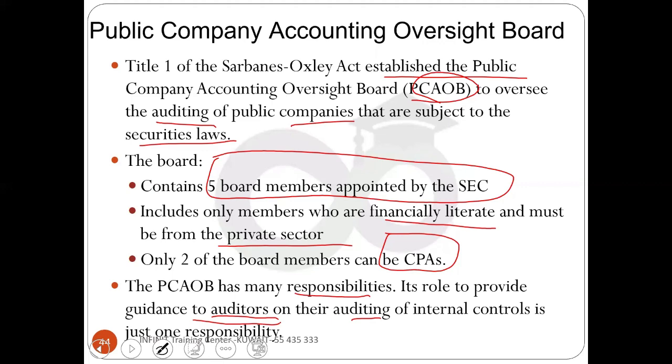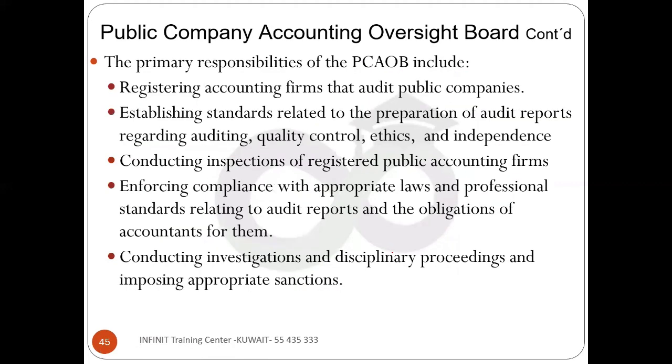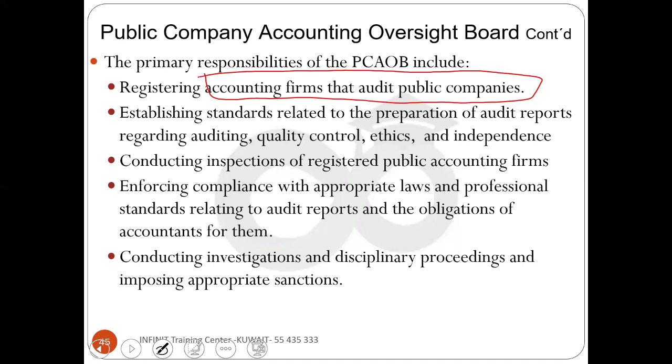So they will be giving guidance for internal control auditing. And their primary responsibilities include what? Registering accounting firms that audit public companies. Or we can say audit companies will be registered under them. And establishing standards related to preparation of auditing reports.